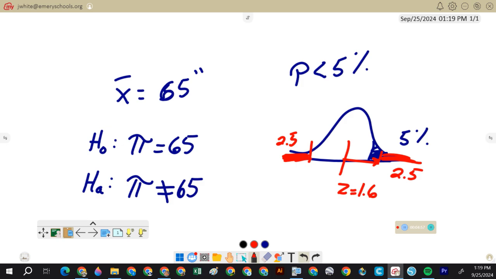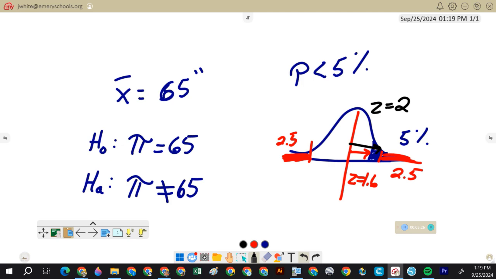Or, sorry, I messed that up. So the distance from here to here is about z equals 1.6. So if you get a z-score bigger than 1.6 in a one-tailed test, you're going to reject the null. But in a two-tailed test, z is about 2.